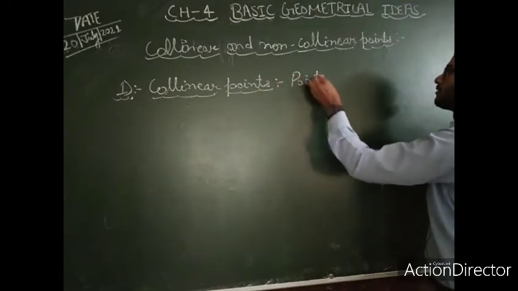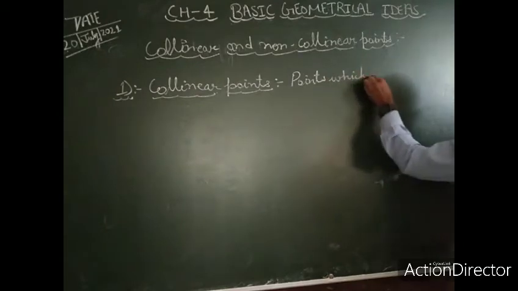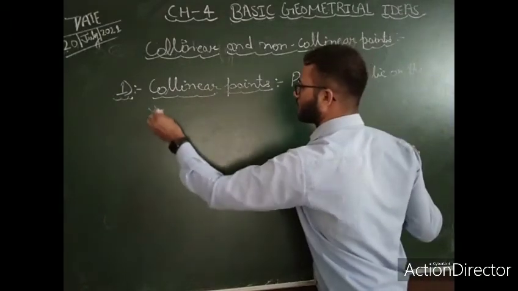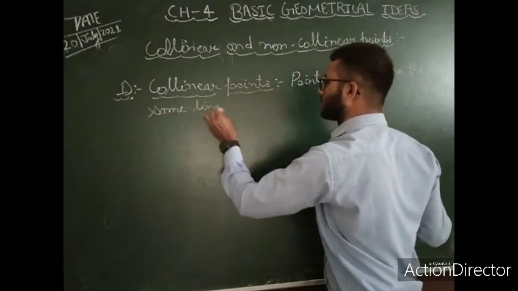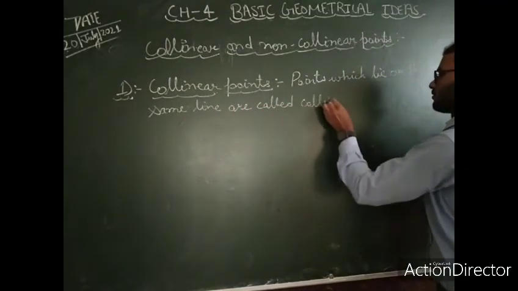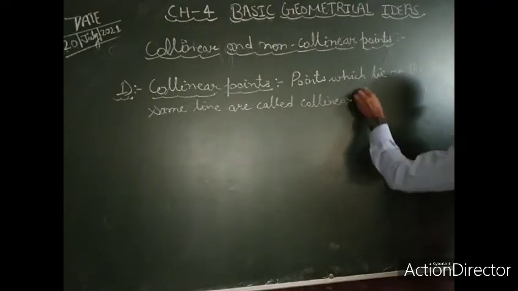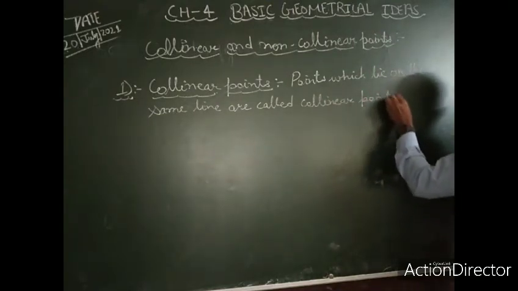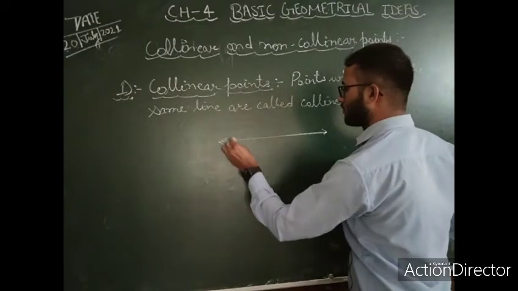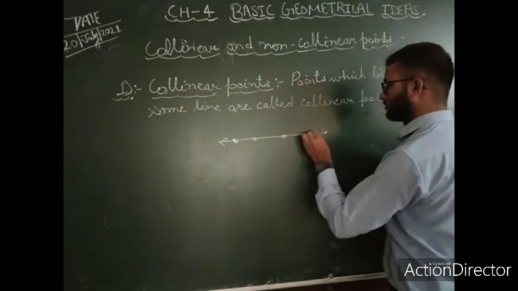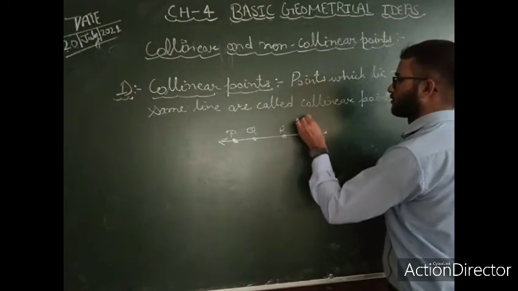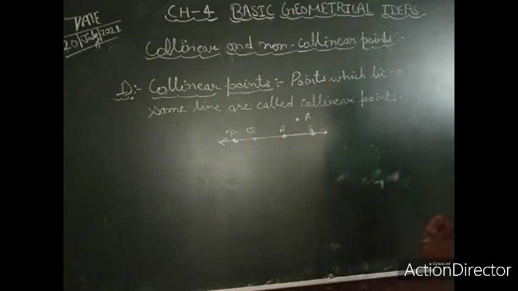Points which lie on the same line are called collinear points. Right? Now here we draw a line and mark some points on it: P, Q, R, S. Okay.